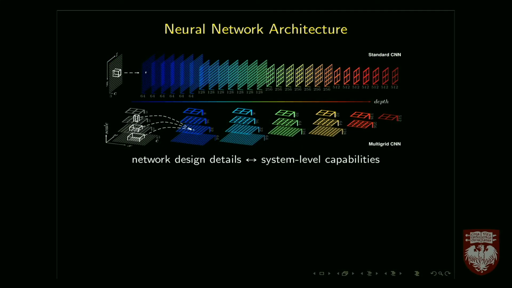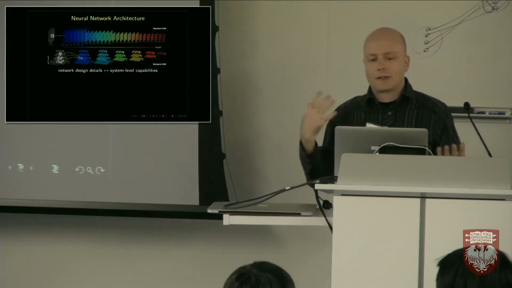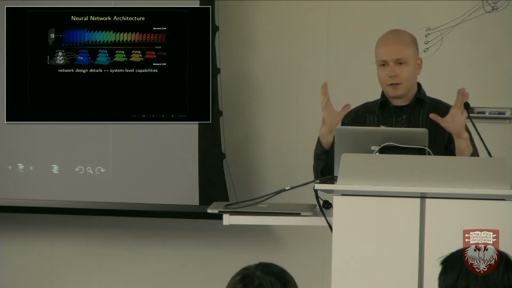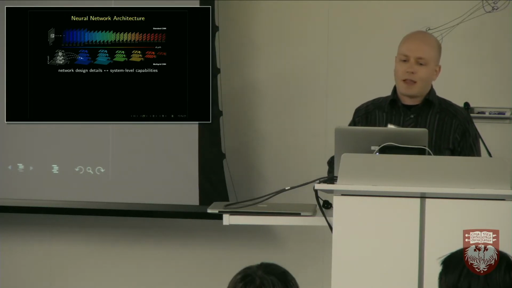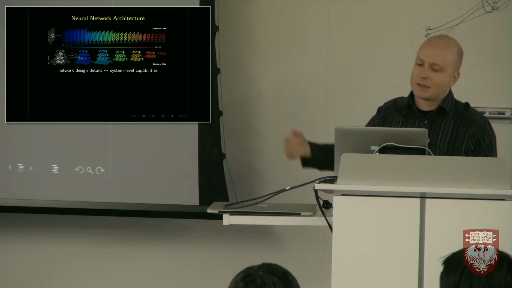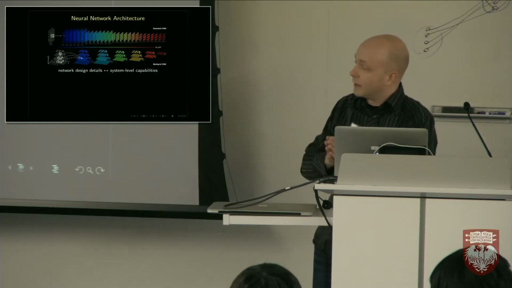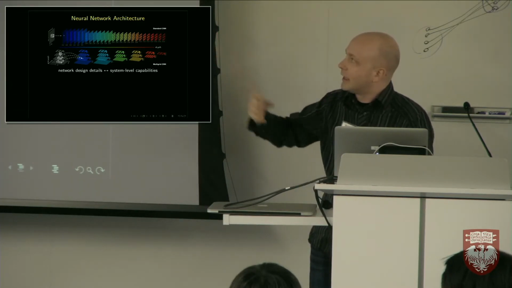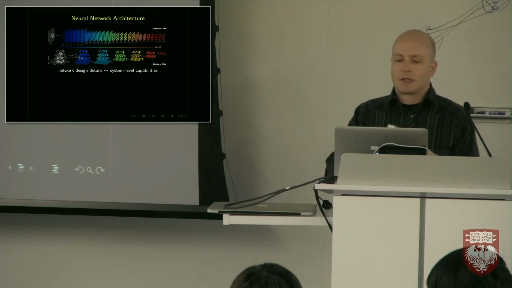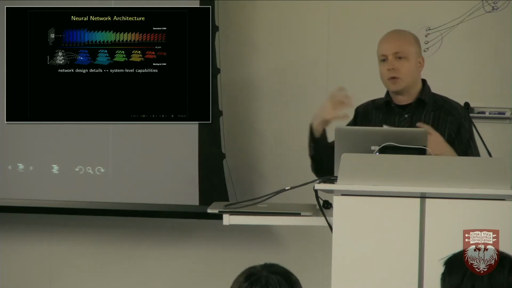What I'm showing on the top here is a standard convolutional neural network, which has been the paradigm going back several decades, in which CNNs operate on a tensor representation stored on a grid of fixed resolution. They have several processing steps on this grid that transform one representation to the next. And typically, if you're doing something like image classification, the resolution of these grids shrinks due to pooling and subsampling stages.